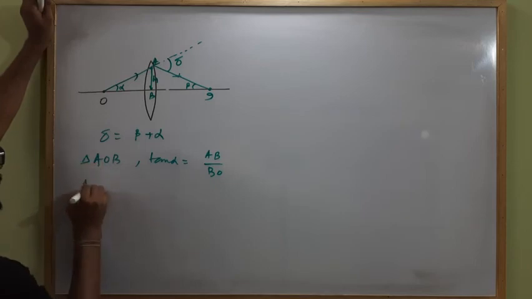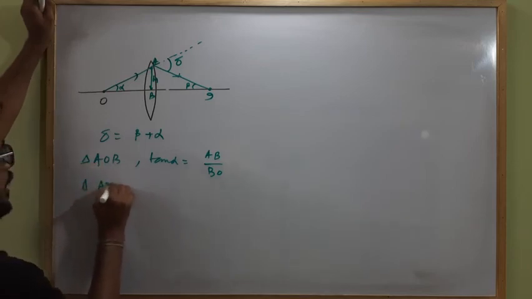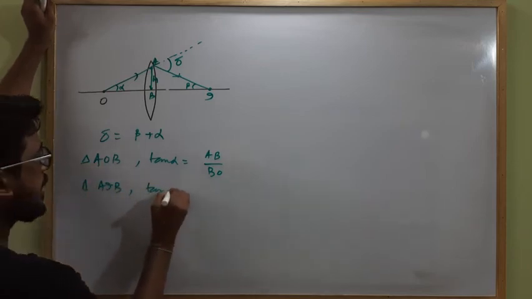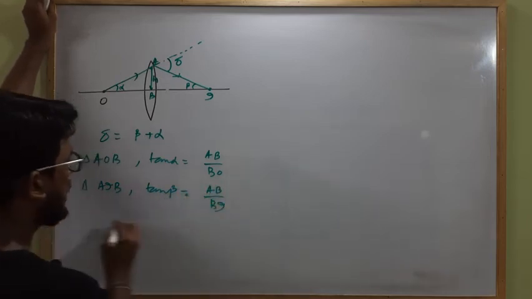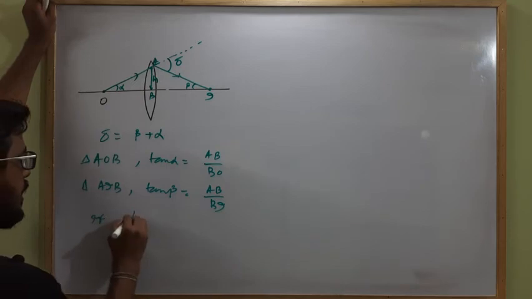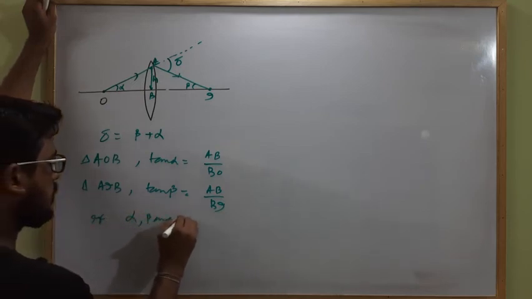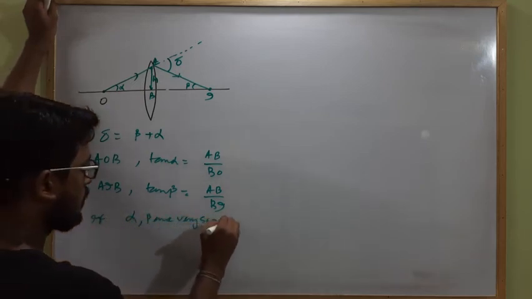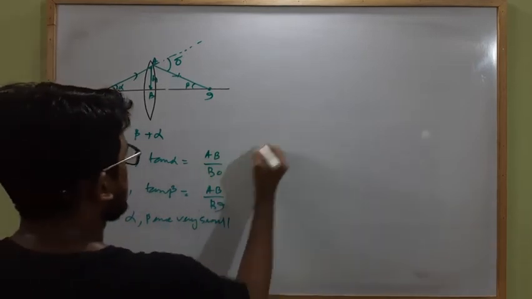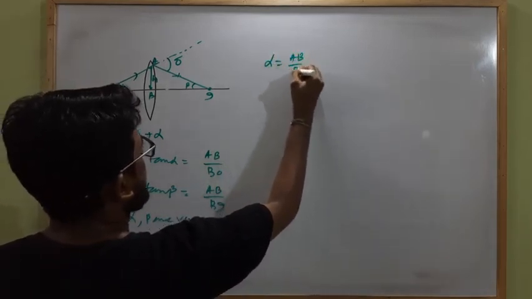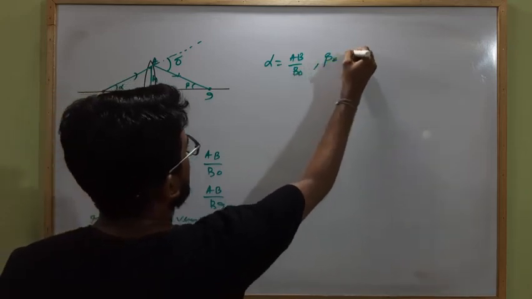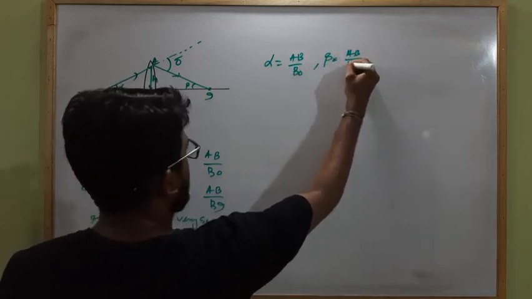Similarly, in triangle AIB, tan beta equals AB by BI. If alpha and beta are very small, then I can write alpha equal to AB by BO and beta equal to AB by BI.